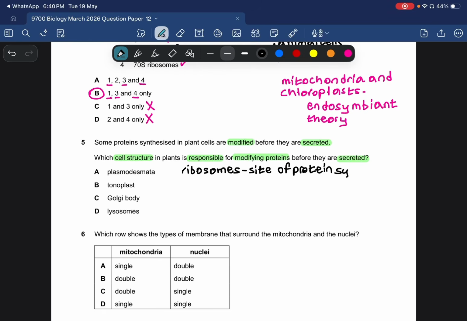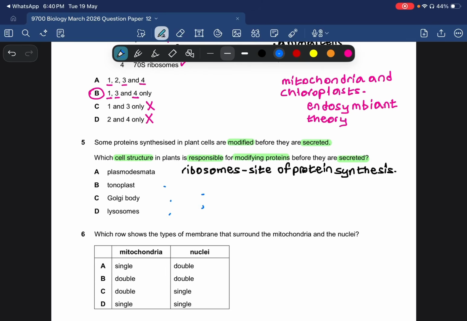Now, let me ask you this. Could you tell me the two locations in which ribosomes can exist inside a plant cell's cytoplasm? I'm not talking about inside a mitochondria or inside a chloroplast, just inside the plant cell cytoplasm. That's just two.